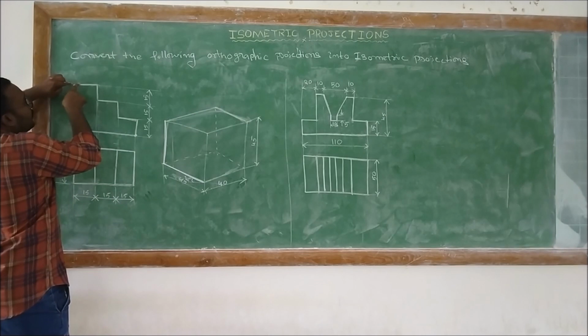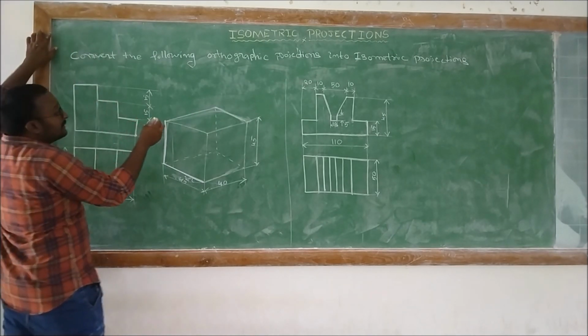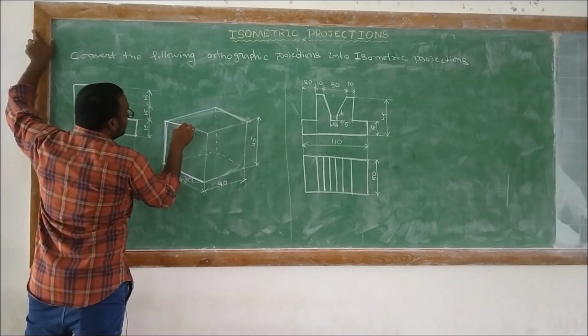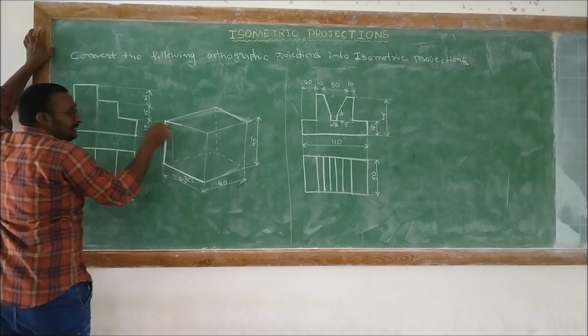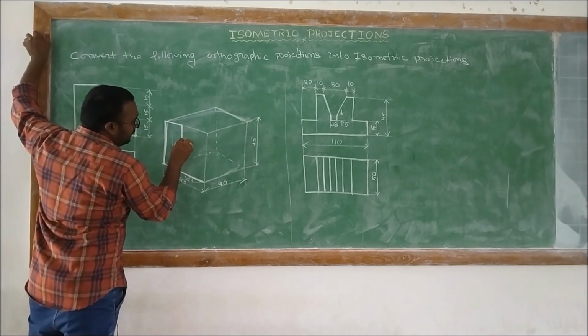Then here to here this is a horizontal line, so it should be at 30 degrees inclination with HP, and then here to here this is a vertical line, so we directly represent that vertical line.